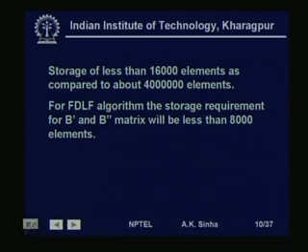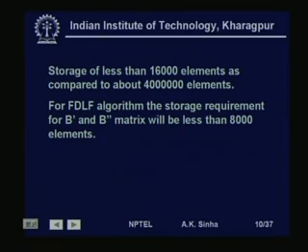For fast decoupled algorithm, the storage requirement is even less, because we need only B dash and B double dash matrices, and the size of both these matrices are going to be 1000 by 1000 or less. For the PV buses, B double dash matrices will not have any equations, therefore, they will have a size of only 900 by 900 for a 100 PV bus system.